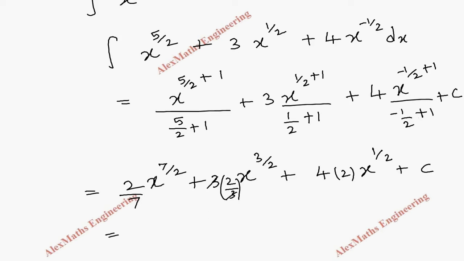Finally our answer is, first term is 2 by 7 x power 7 by 2 plus 2 x power 3 by 2 plus 8 x power half plus c.